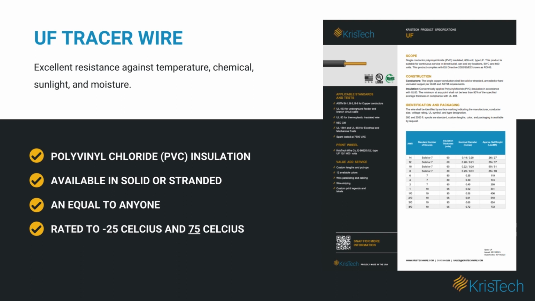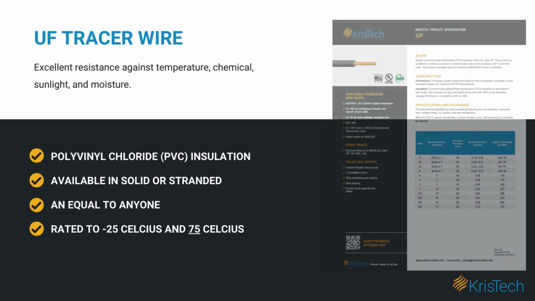UF is short for underground feeder and sometimes crosses over into electrical applications. With a thicker jacket, UF has a higher temperature rating compared to PE and therefore can conduct an electrical current. Tracer wire locators use a radio frequency to locate, as we discussed earlier, not an electrical current. As a result, the high temperature rating of UF does not apply in tracer wire applications.